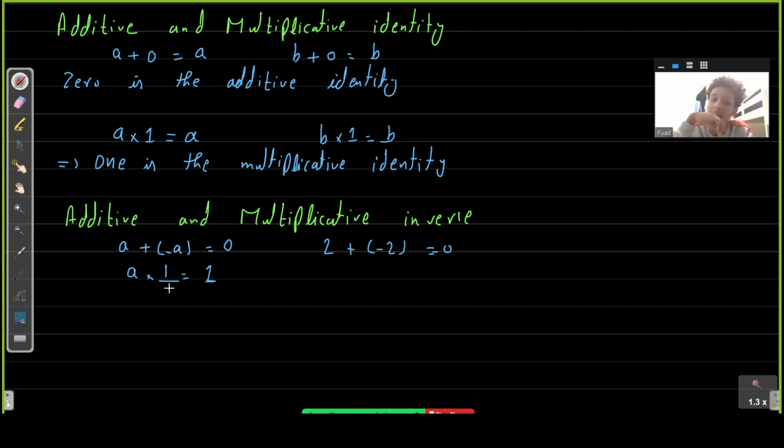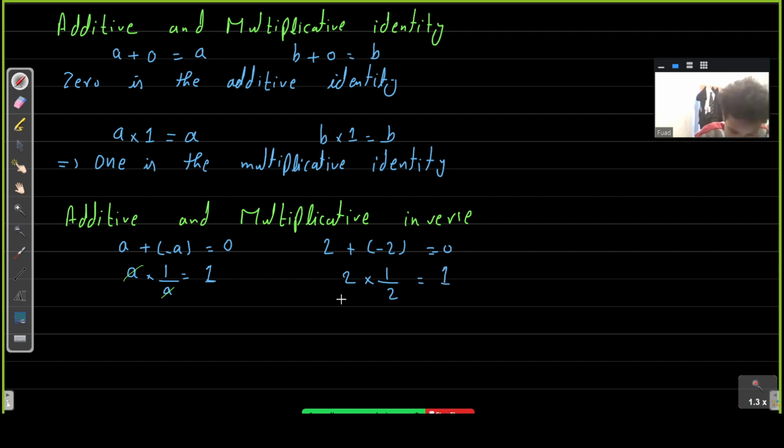So this is how we can get it. If I multiply a by 1 over a, a will be cancelled with a, and the answer will be 1. In the same way, if I multiply 2 with 1 by 2, the answer will be equal to 1.